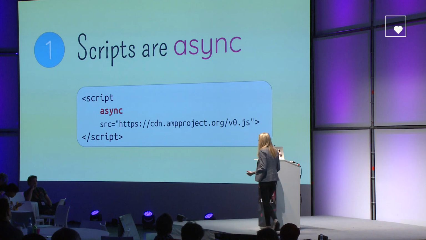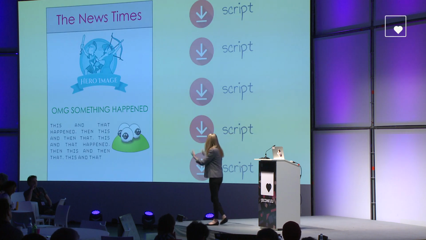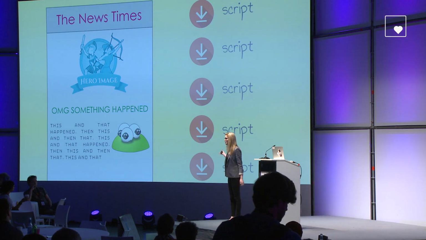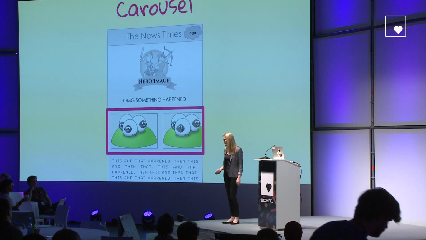And to solve this, we decided that we need all scripts to be asynchronous so that you can see the HTML on your page, you can have the page load, and the scripts will load in the background, and they don't have to block the render of your page.